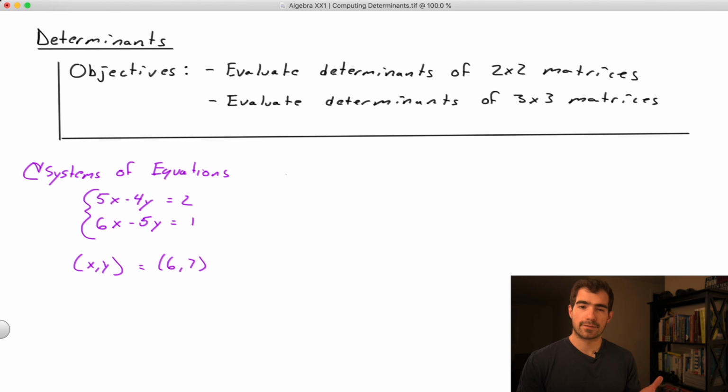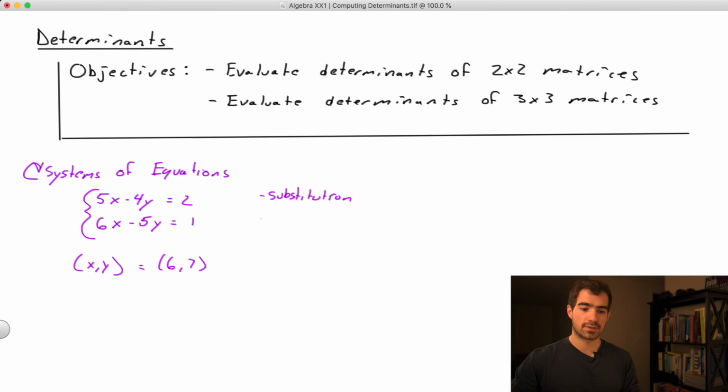And we've talked about a few different methods by which we can solve these. We could use what's called the substitution method, for instance, where we solve for one variable as an expression and then take that expression and plug it into a different equation, and then get a single equation with a single unknown, which we can solve from there to then plug back into our original.